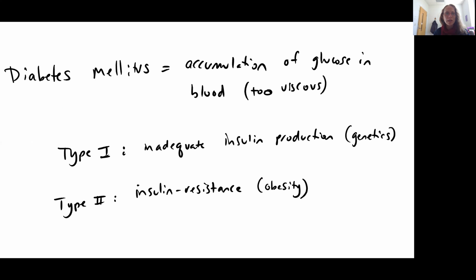Type 2 diabetes is referred to more as insulin resistance. So those individuals are usually making enough insulin, but their cells have stopped responding. This is often associated with obesity and can show up then regardless of age. And so we are seeing type 2 diabetes showing up in young people due to the obesity epidemic.